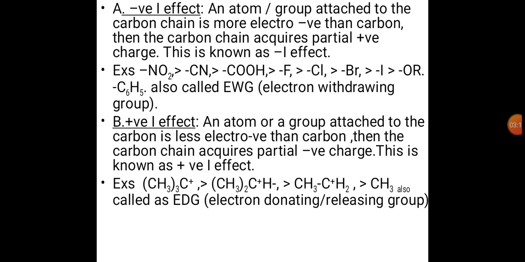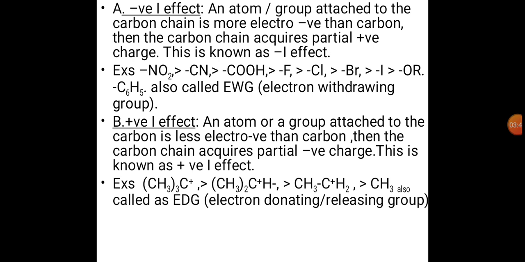The examples are: nitro group is greater than cyanide, is greater than carboxylic acid, is greater than fluoride, is greater than chlorine, is greater than bromine, is greater than iodine, is greater than any alkoxy radical, which is also greater than the phenyl group.